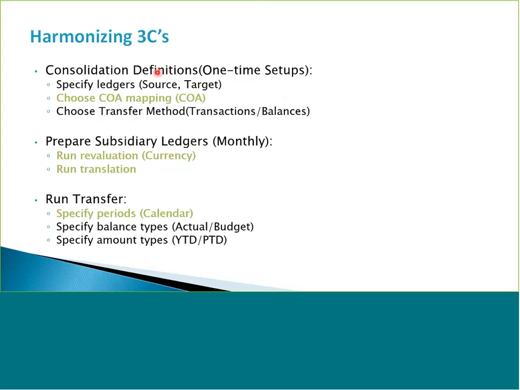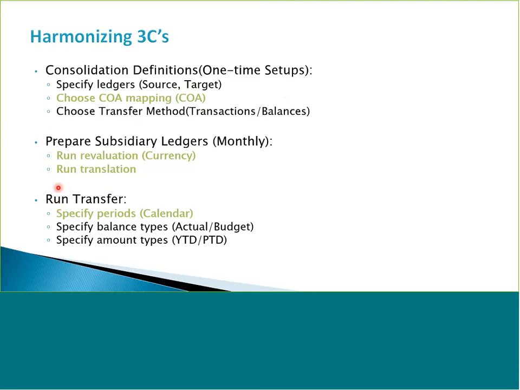To harmonize the differences in currencies, we do that by running revaluation and by running translation. So that's the second C. For the third C, which is the calendar, we do that at runtime, when we are doing the actual transfer.